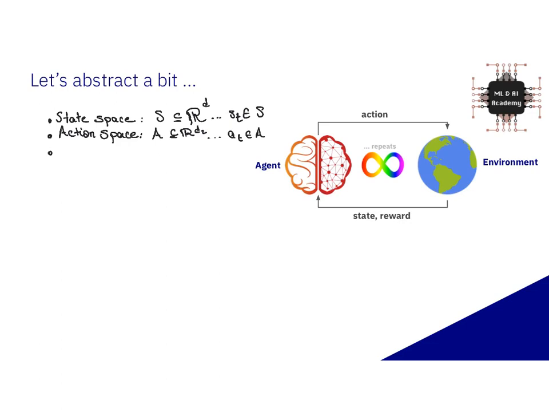We needed, for example, as you remember, the reward function. We're going to call it R, and it's simply going to map from S cross A to the real numbers. You can think about R as some form of box.